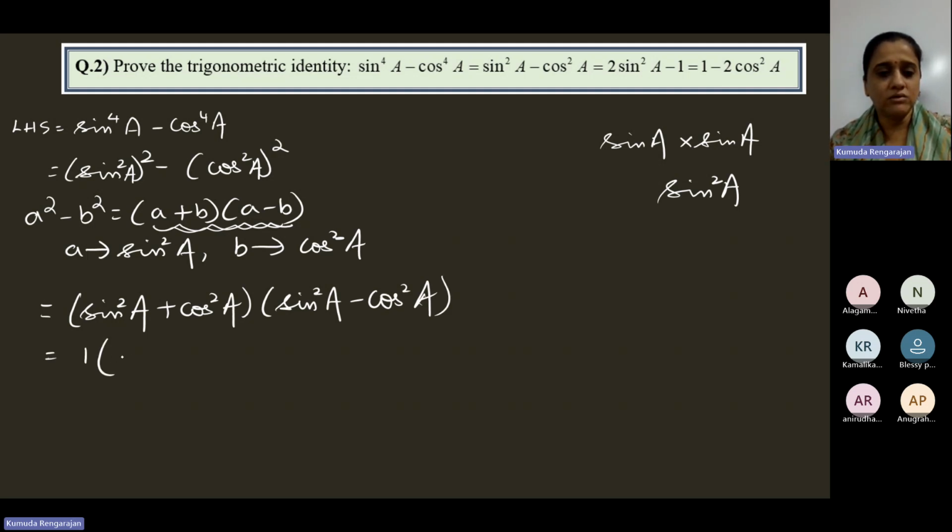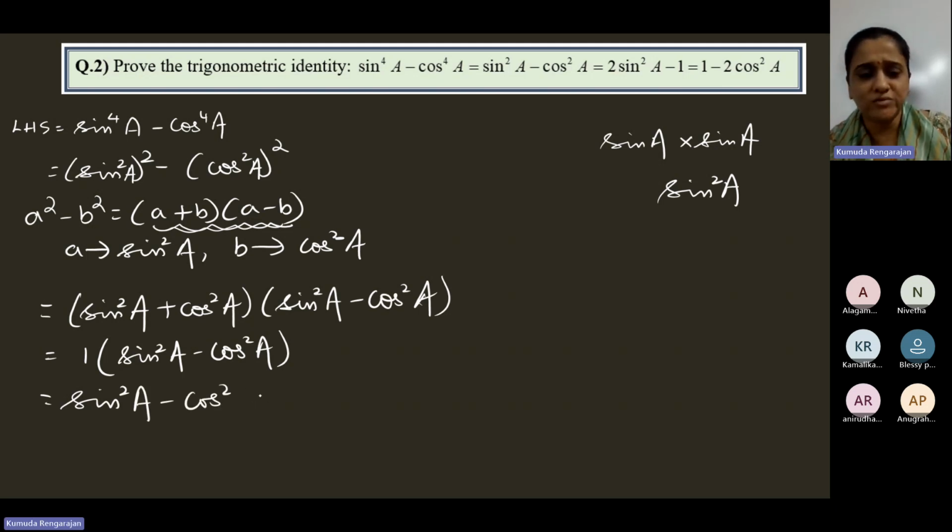So 1 into sine square A minus cos square A, which is nothing but sine square A minus cos square A. So I think we proved the first part.